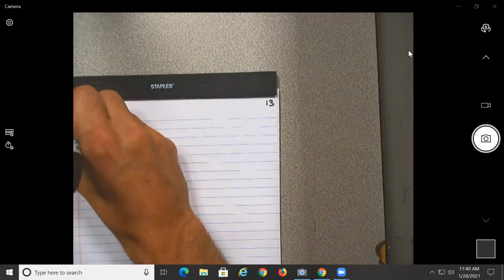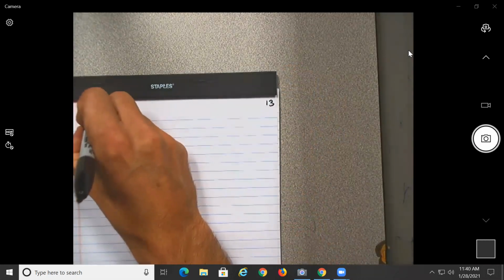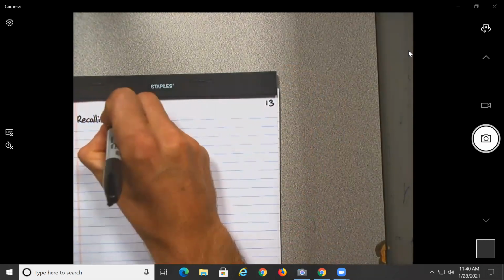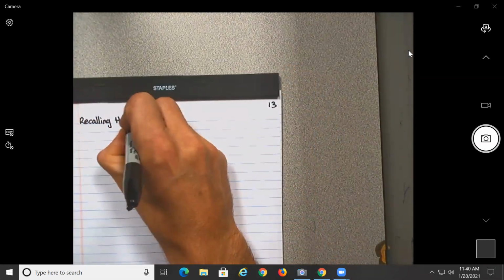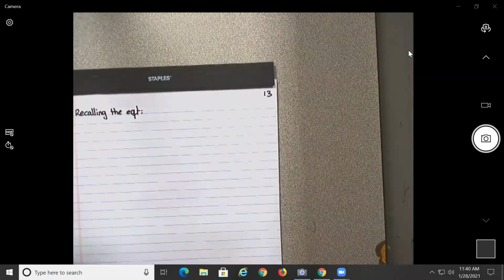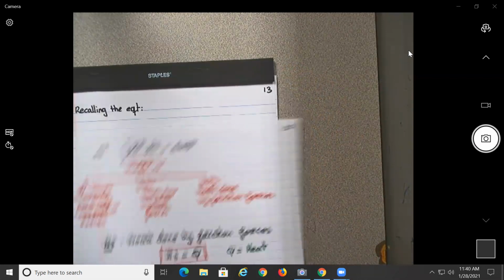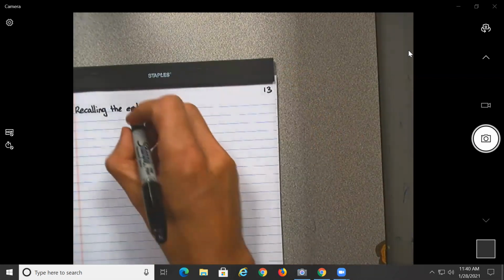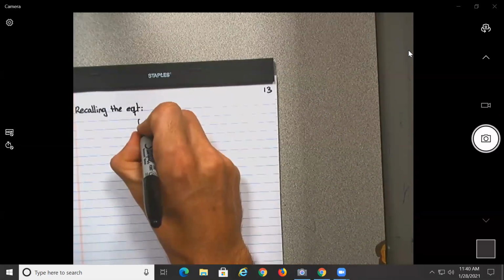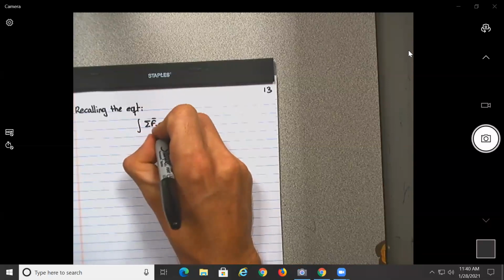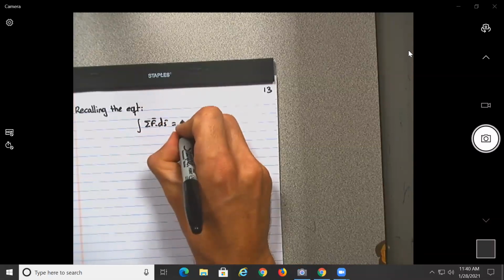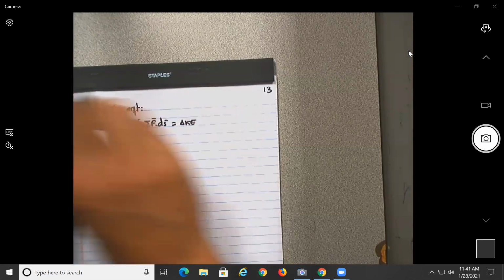So recalling the equation, I'm basically talking about this equation here, all right? That we had what? So the work was equal to the change in kinetic energy.